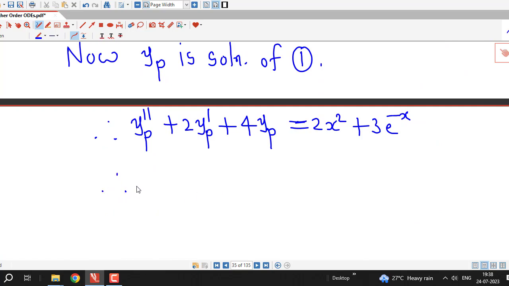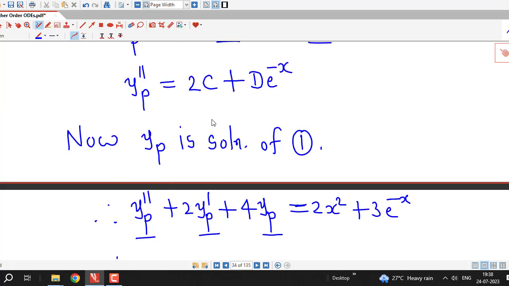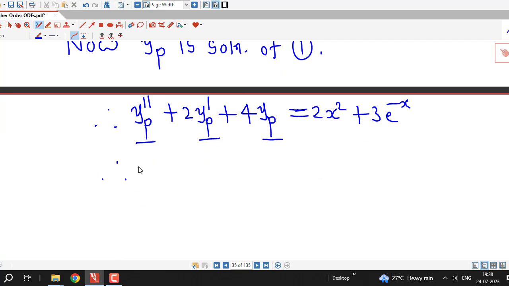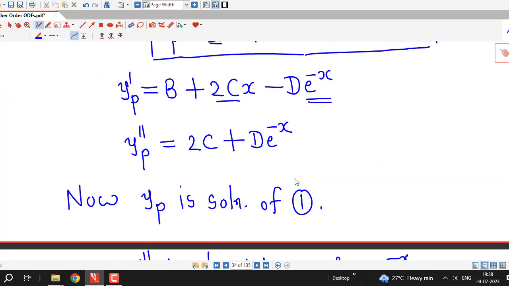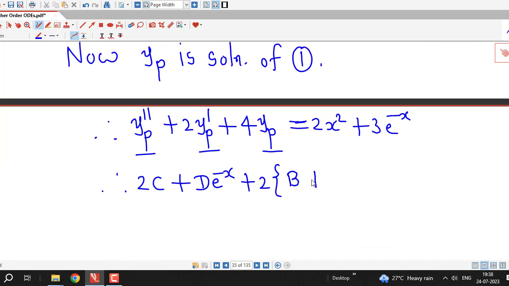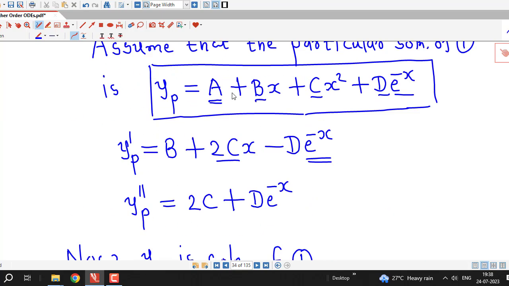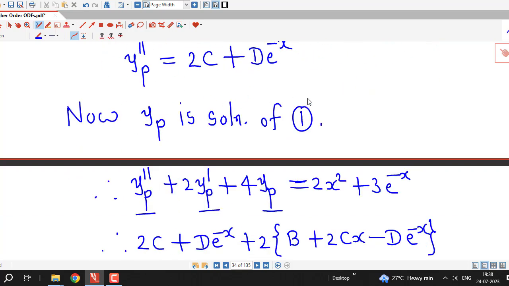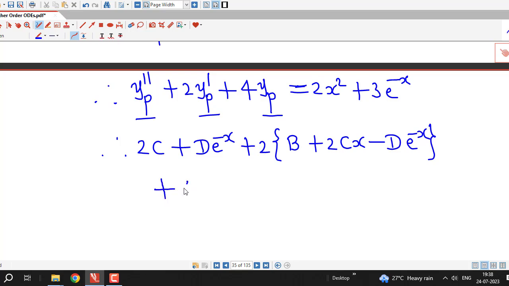Now we substitute the values of y_p'', y_p' and y_p here. y_p'' is 2c + d·e^(-x), plus 2 times y_p'. y_p' is b + 2cx - d·e^(-x), and y_p is a + bx + cx² + d·e^(-x), and it is multiplied with 4.